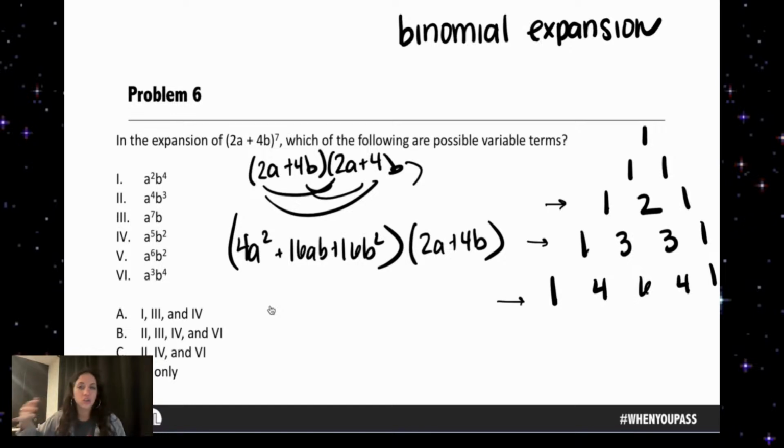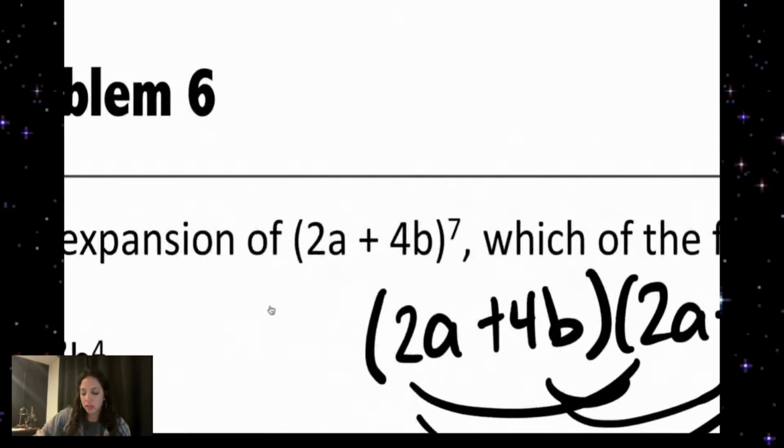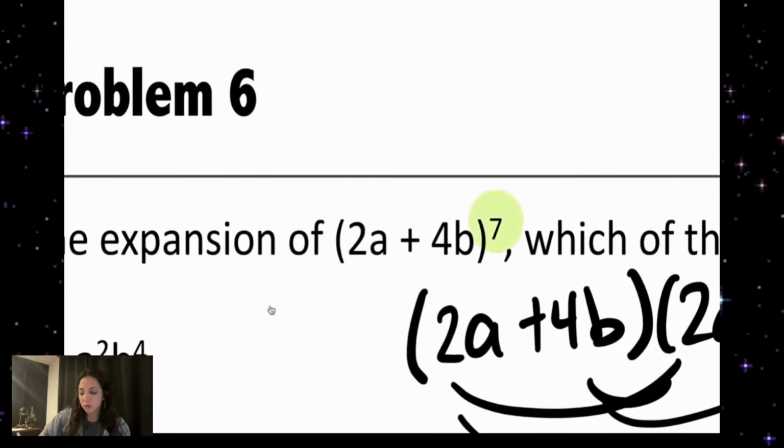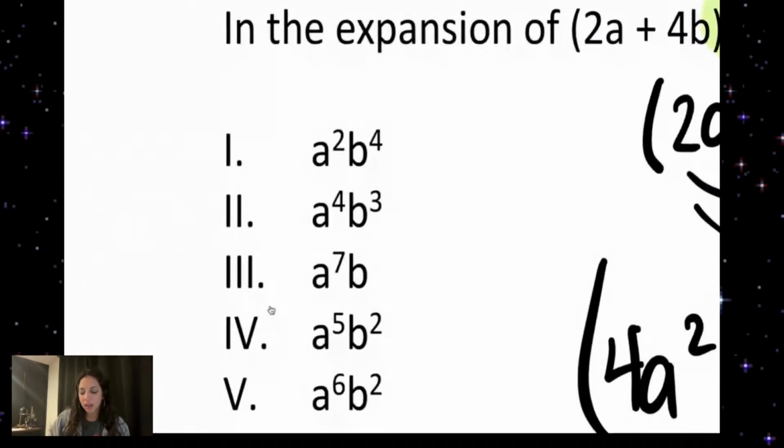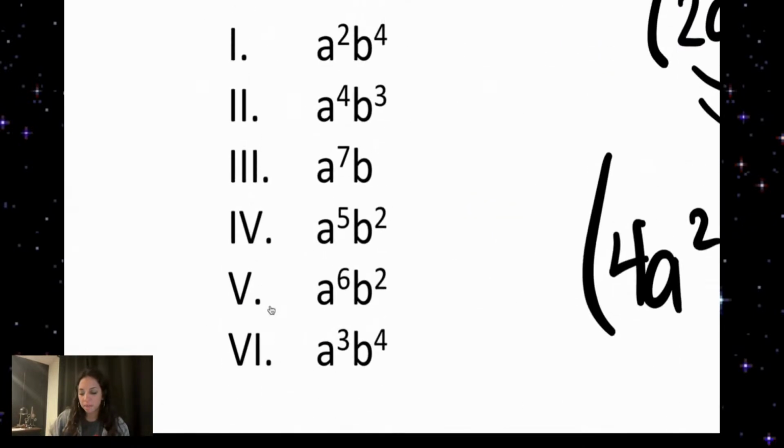And there's all sorts of rules that go behind it. But I don't even need to use binomial expansion to do this, because what I know is that the exponent here is going to match the degree of the exponents in the terms that are being used in the problem.